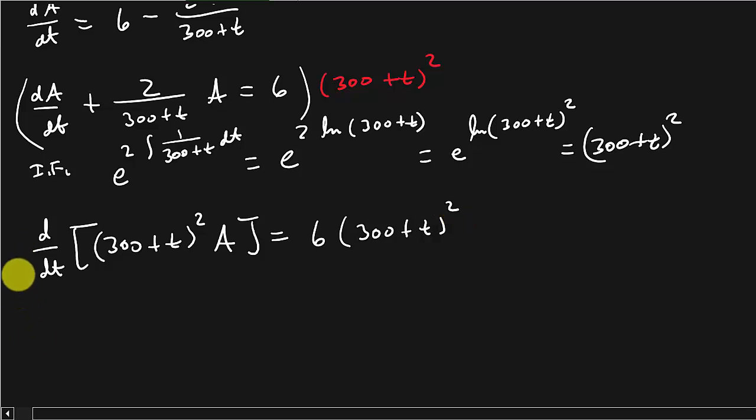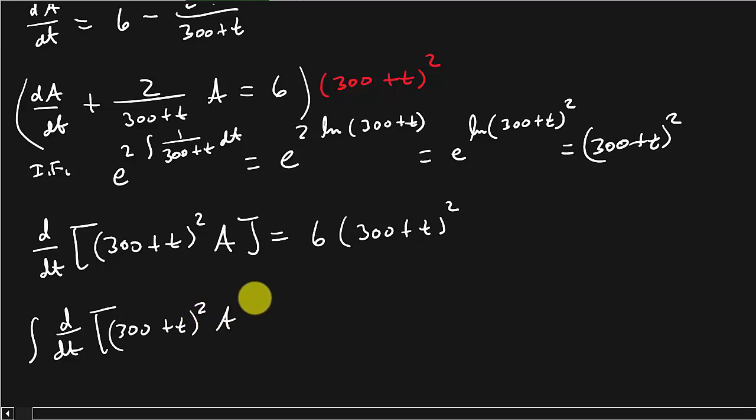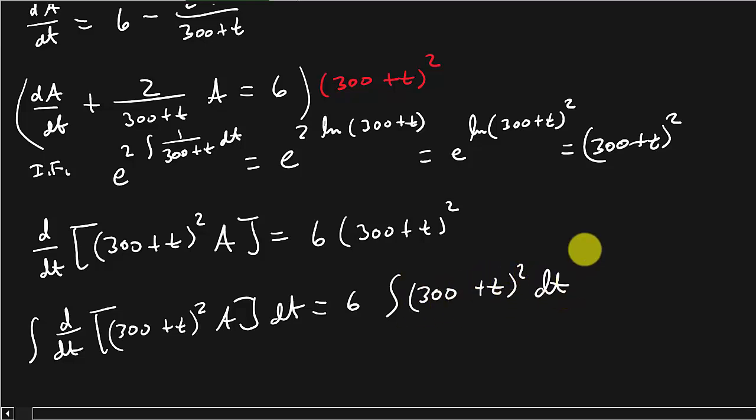And so if we integrate both sides, let's write it all out. d/dt of (300 plus t) squared A dt equals 6 times the integral of (300 plus t) squared dt.